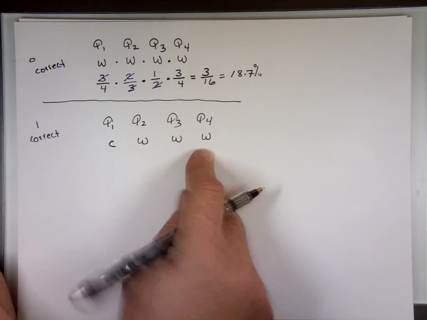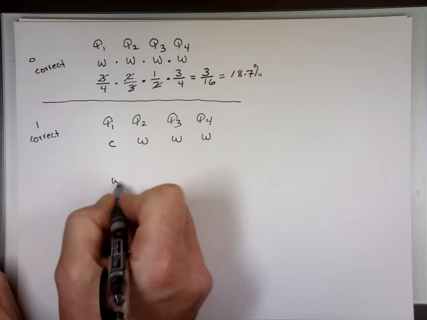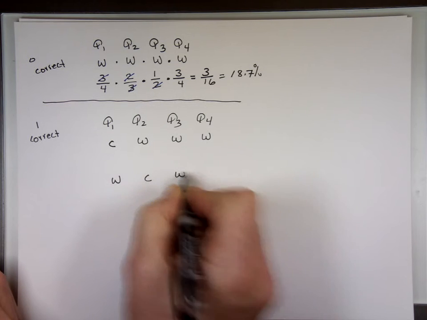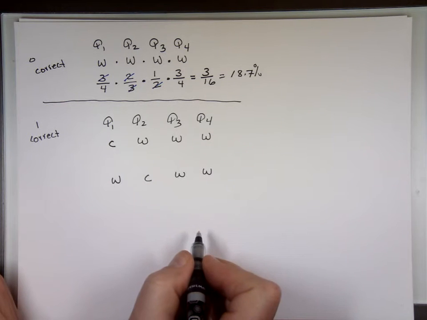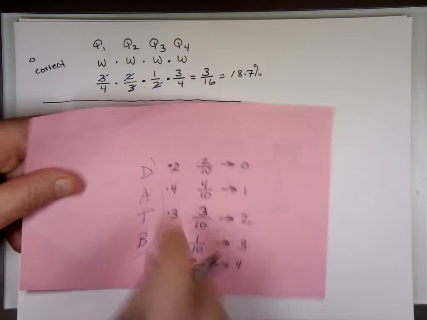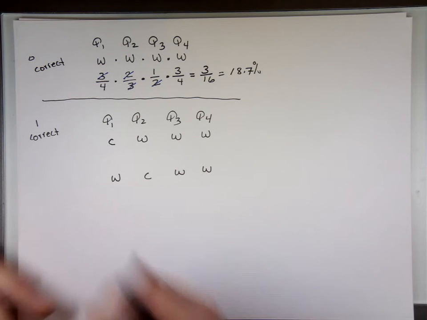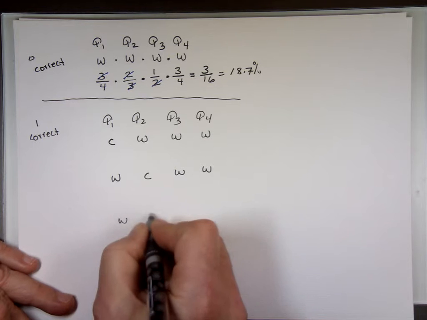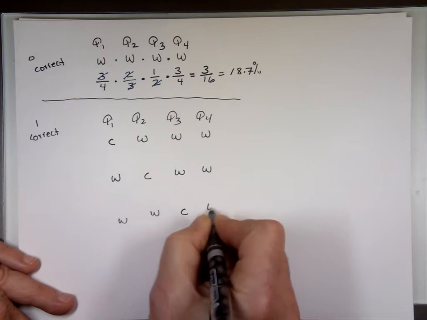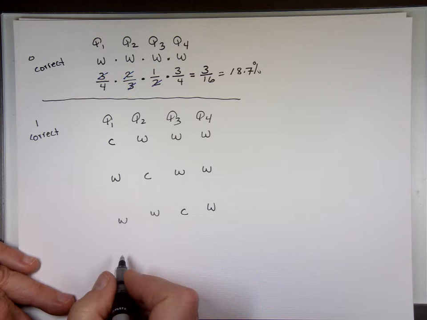None of you. Did any of you get the first one wrong, the second one right, the third one wrong, and the fourth one wrong? The 4 people who got 1 correct answer. Nobody got that? Did any of you get the first one wrong, the second one wrong, the third one correct, the fourth one wrong? Yep. All 4 of you.